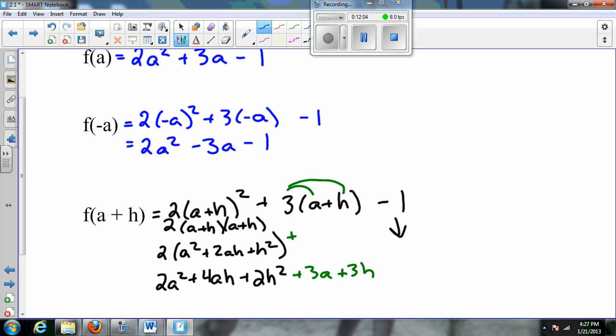And then bring down the minus 1. We're checking for any like terms. We have a squared, there's no others. There's no other ah's, no other h squared, nor a's, nor h's. So this is simplified.